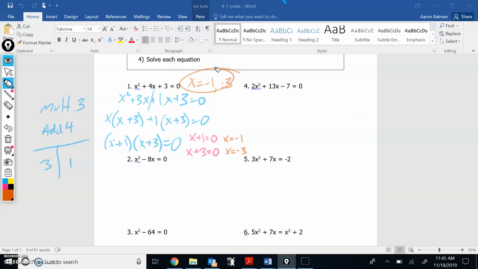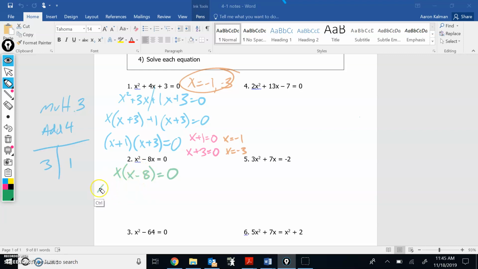Let's do number 2. First, you have to take out a GCF before you factor. The GCF is x. So then we're left with x minus 8 equals 0. But that's it, because we're not left with a difference of squares. We're not left with a quadratic in the middle. So we have two linear factors.